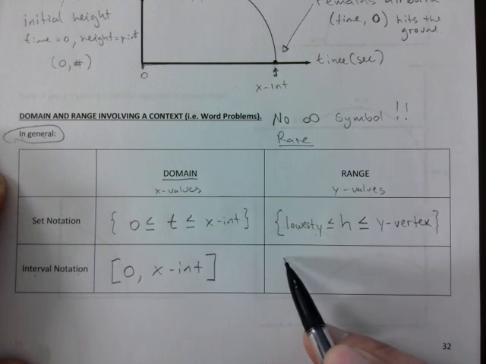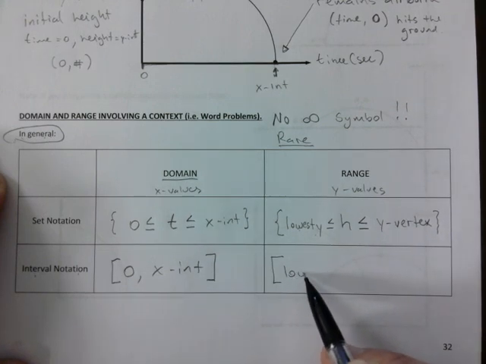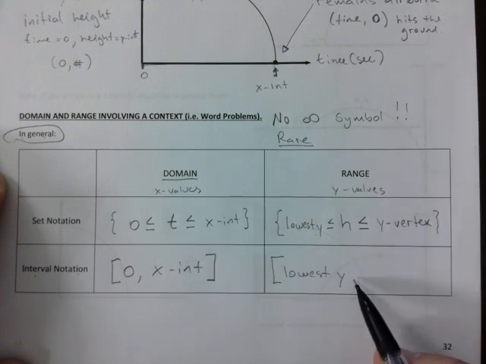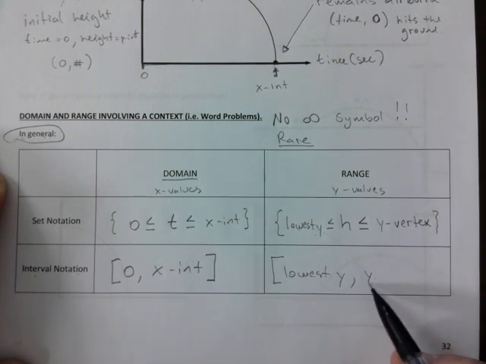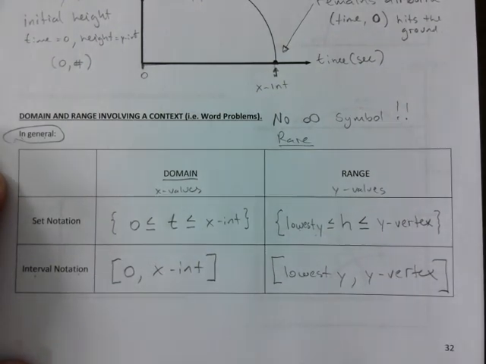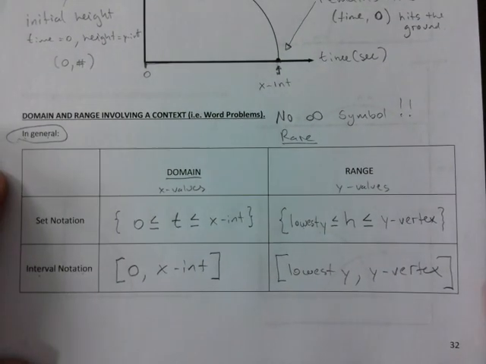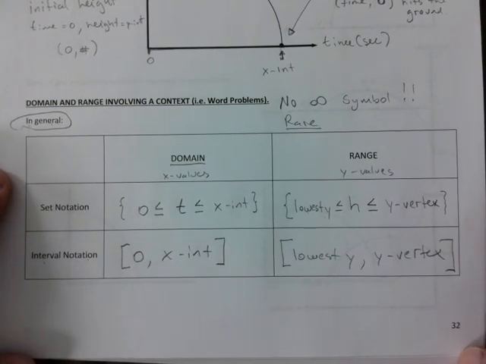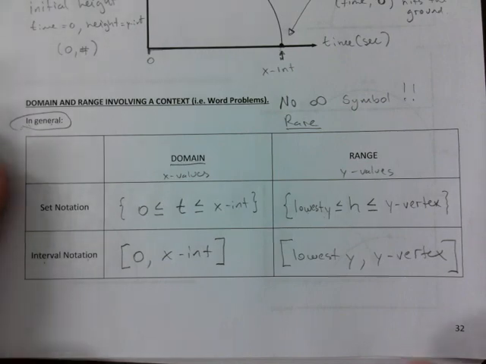And it translates to this: lowest y, comma, y of vertex. Okay. So keep that in mind. This is just a guide to help you out. Let's practice that.